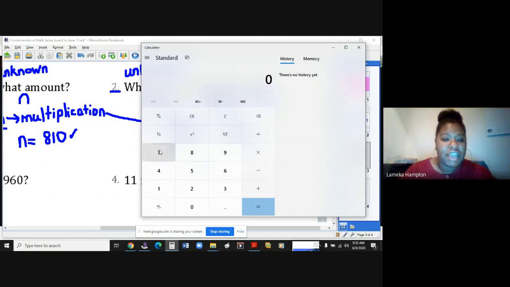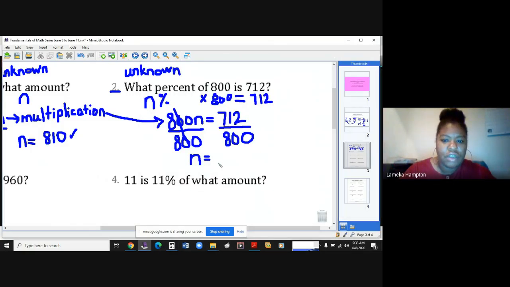So I'm going to take 712, excuse me, not 700, and I'm going to divide it by 800. Now my answer is in a decimal. So my answer, according to what I did with the calculations, is 0.89.